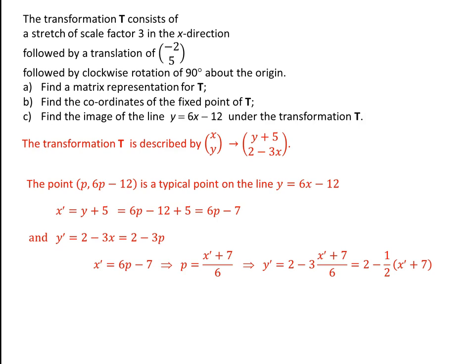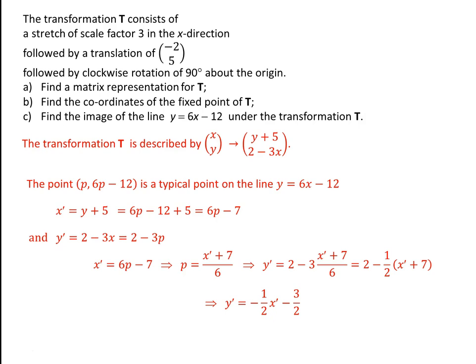In other words, it's 2 take away a half of (x' + 7). So we've got y' is -1/2 x' + 2 - 7/2. In other words, we've got y' is -1/2 x' - 3/2, which is perfectly good format for the final solution.